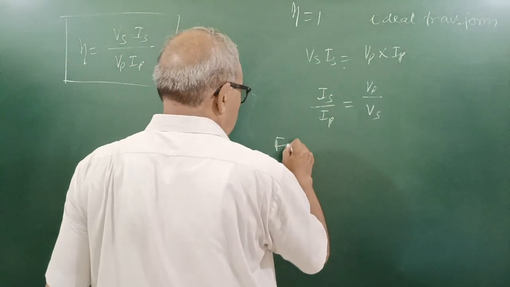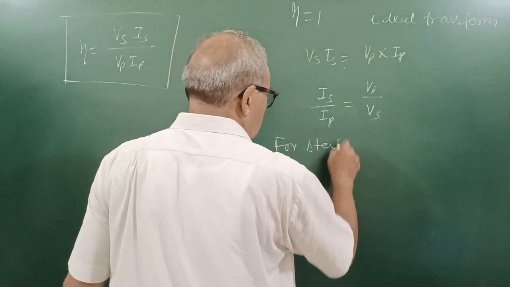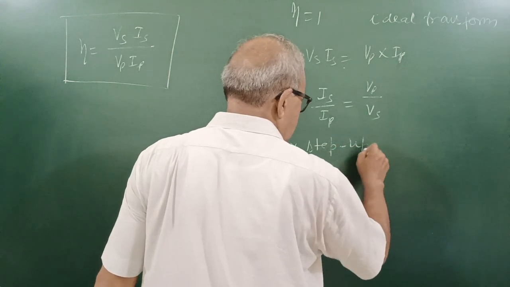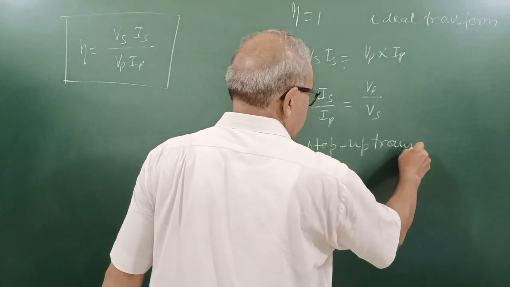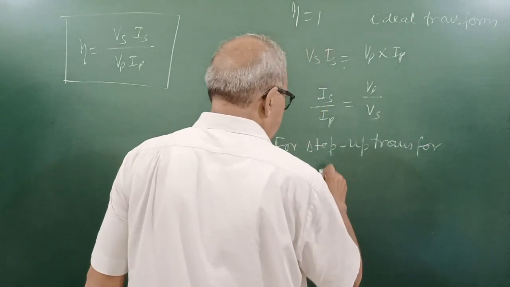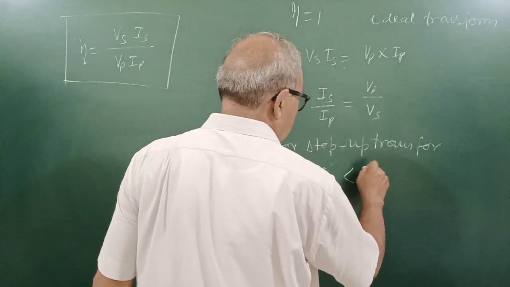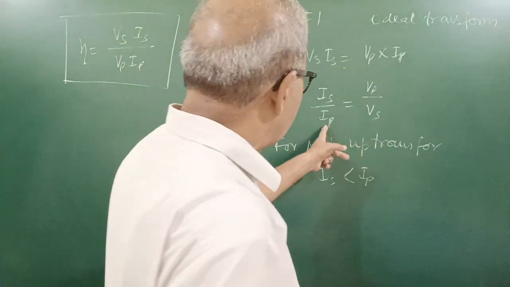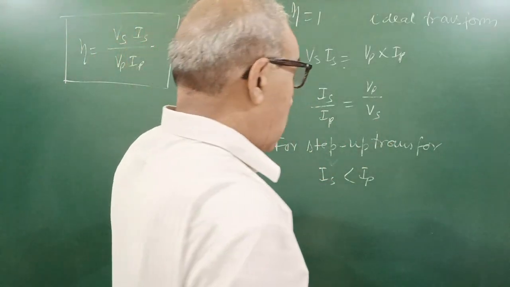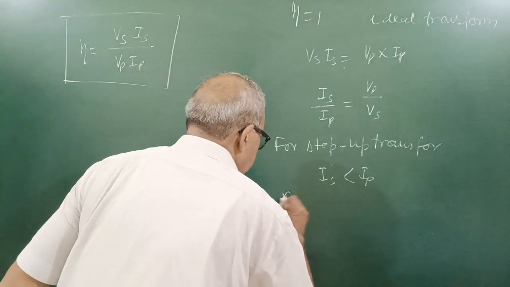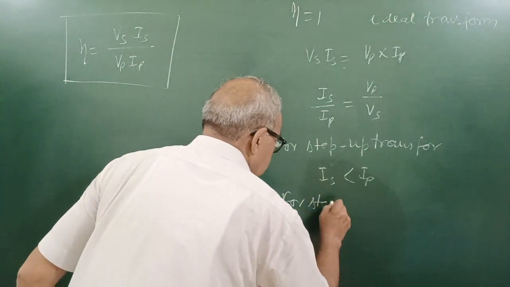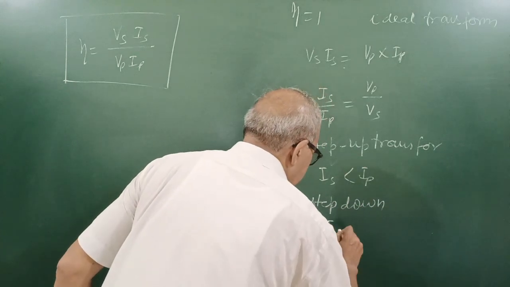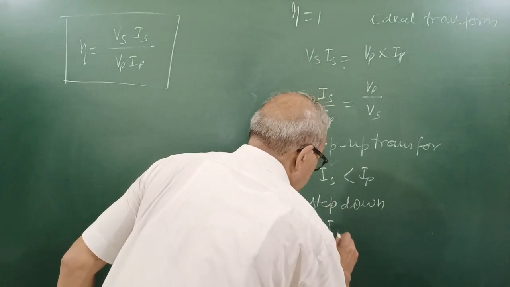So let me first talk about step up. For a step up transformer, IS is less than IP, because here the voltage is more, so the primary current is more. For step down, IS is greater than IP.